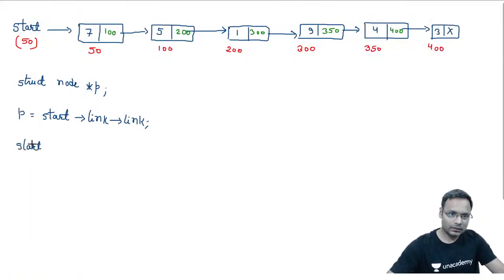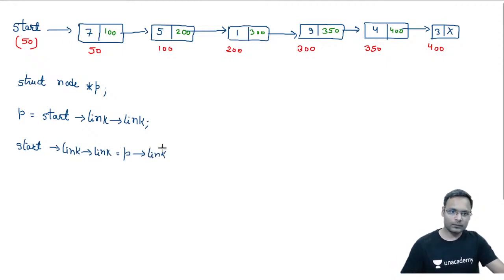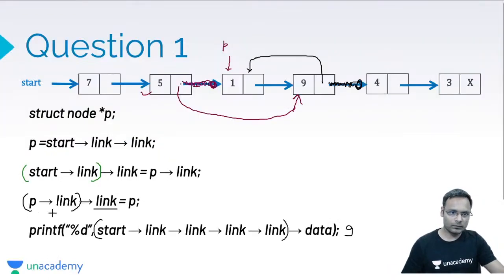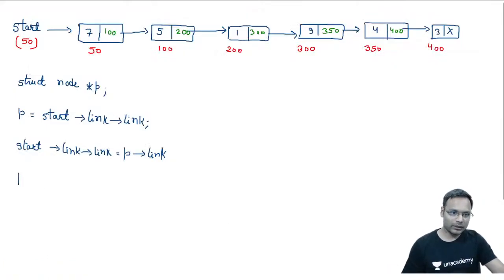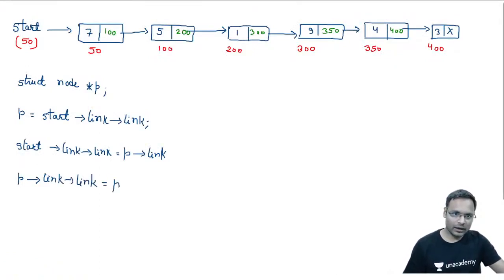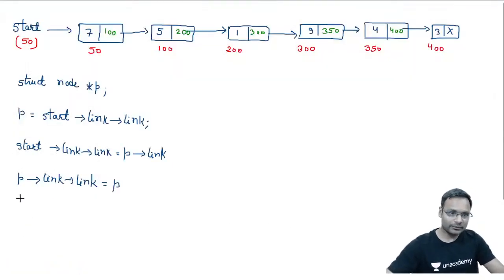Start link is equal to p का link. p link is equal to p. And one last statement, 4 times link and data.